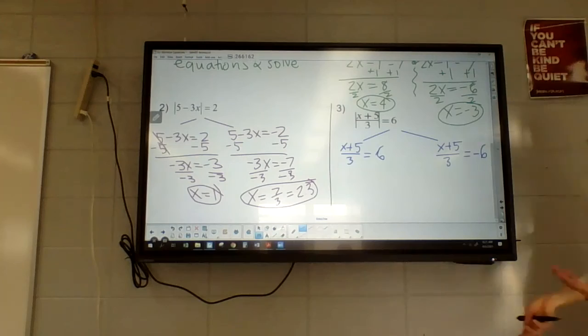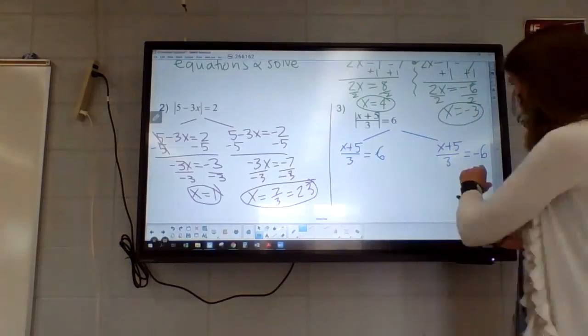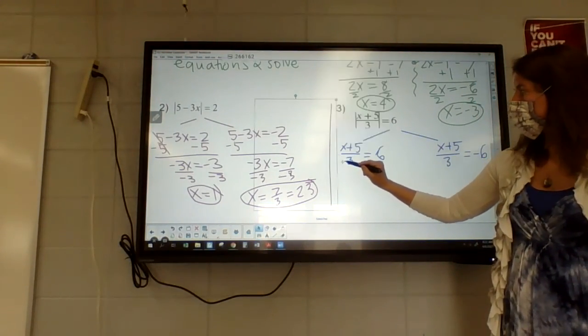A little bit different equation this time. What do we do first to get the variable alone? Yeah, Justine? Let's multiply by 3 on each side. We'll do that here.